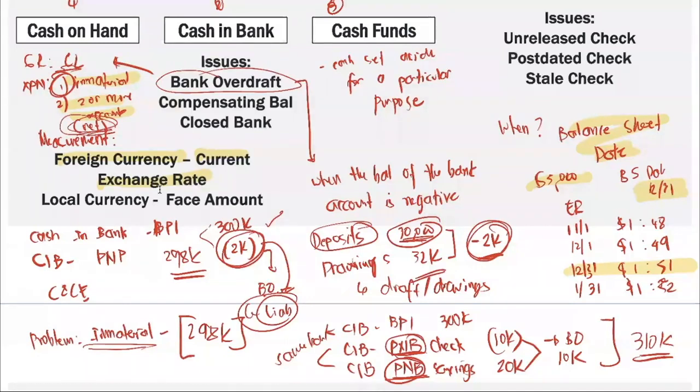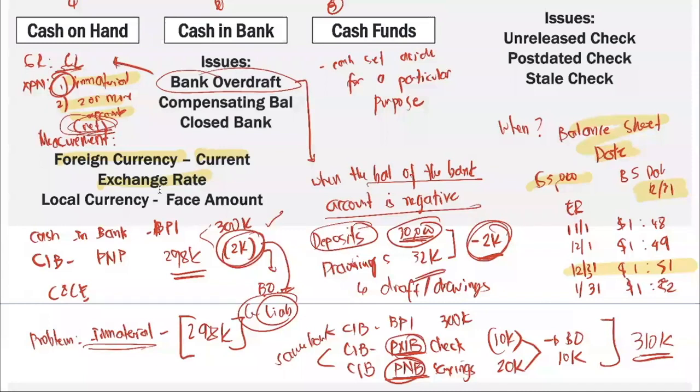First issue in your cash and bank that we will discuss, we call it your bank overdraft. As a rule, bank overdraft happens when the balance of the bank account is negative. Why is it negative? Because the drawings are greater than your deposit. Since it is now negative, how should we present it? We present it as part of your current liability. The exception to that rule is that if it is immaterial, you net it.